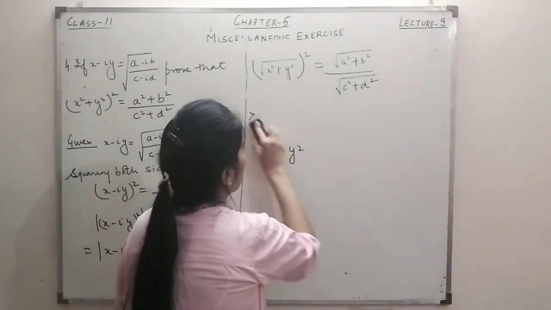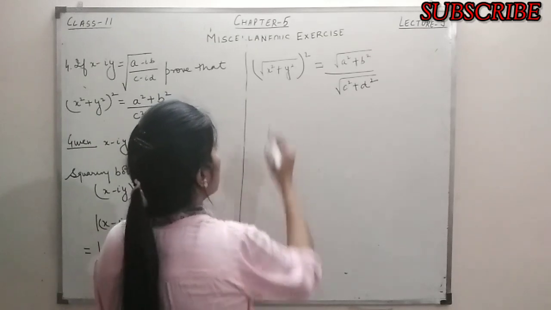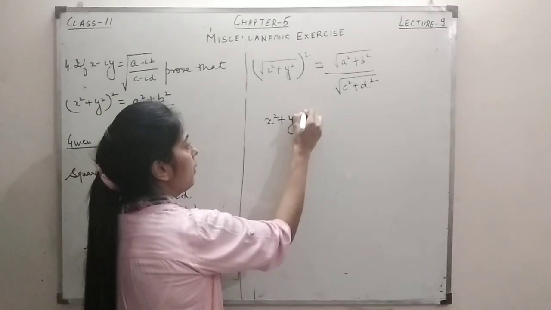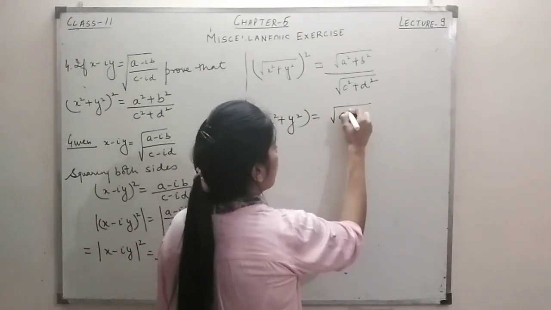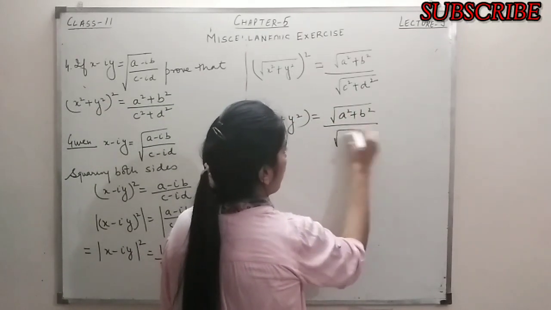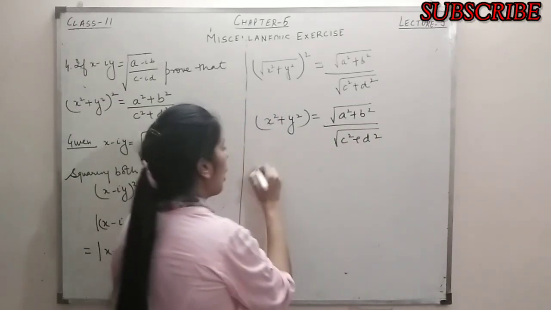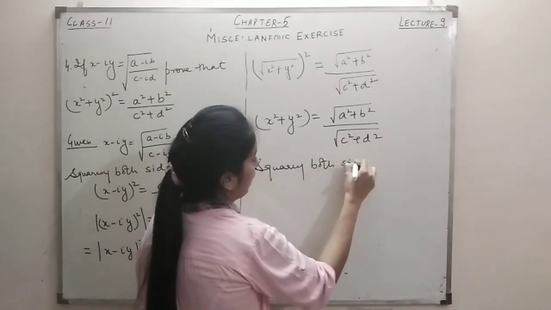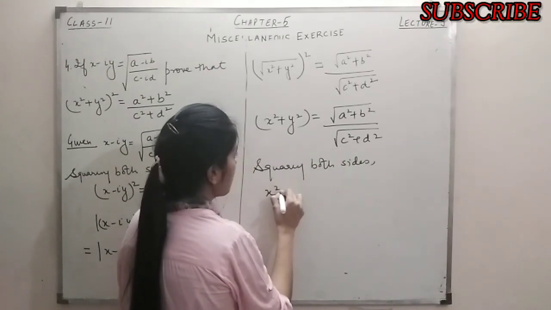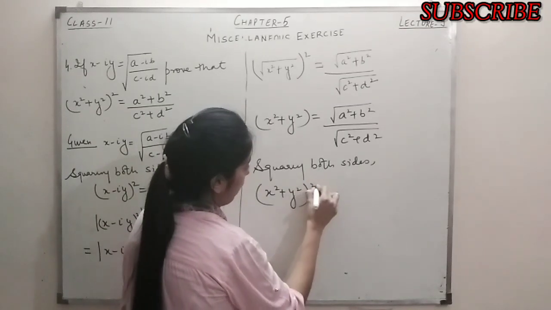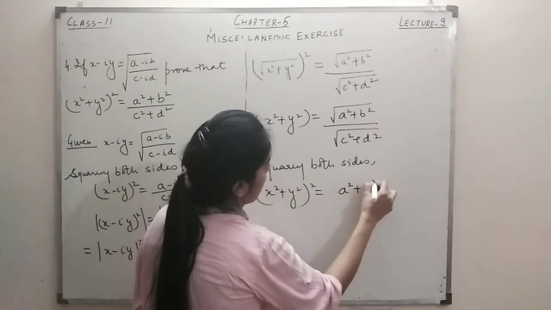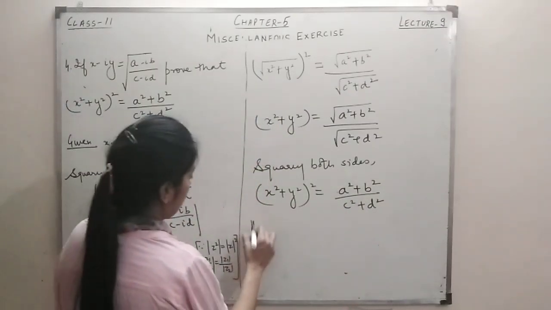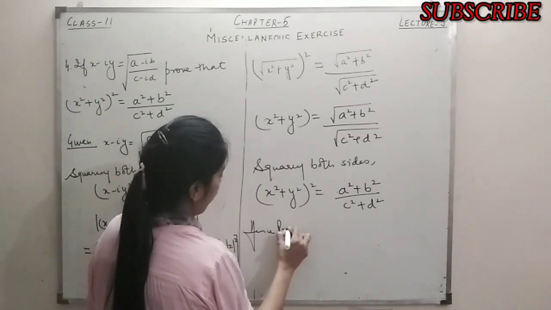This left side we can solve. In the left side we have power 1 by 2 into 2, that is x square plus y square, equal to square root of a square plus b square upon square root of c square plus d square. Now squaring both sides. So what we have, x square plus y square the whole square, that is a square plus b square upon c square plus d square. Hence proved.